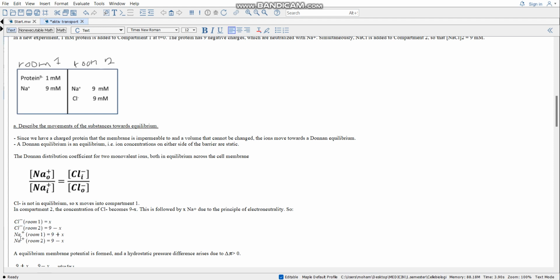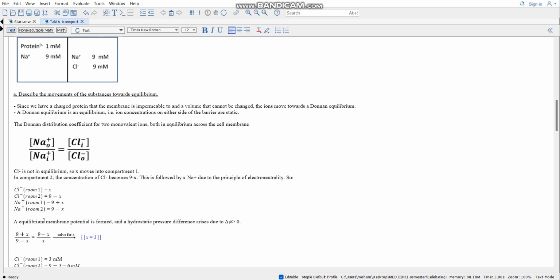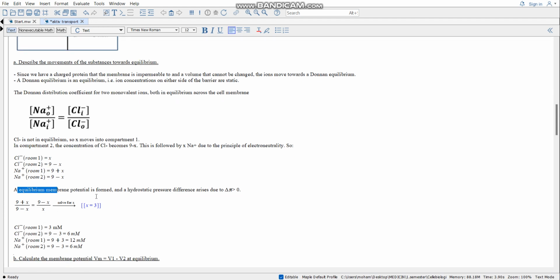And then for sodium, due to the principle of electroneutrality, we'll have in room 1 9 plus X, and in room 2 9 minus X, right? And then we can use this formula here, and we see that X is 3, which we can insert once again here and see the respective concentrations at equilibrium.